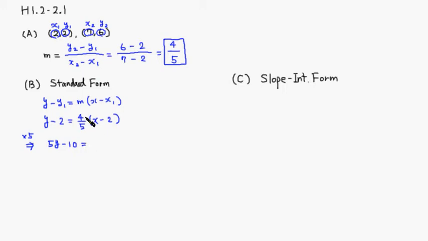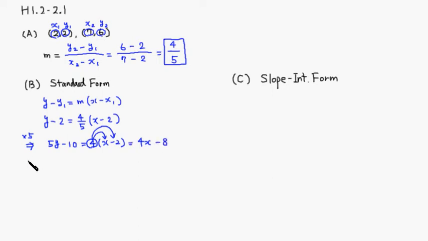Then 4/5 becomes simply 4 because the 5's cancel out, and we still have to multiply by quantity x minus 2. Actually, I'm going to go ahead and distribute 4 to each term. So 4 times x is 4x, and 4 times negative 2 is negative 8.